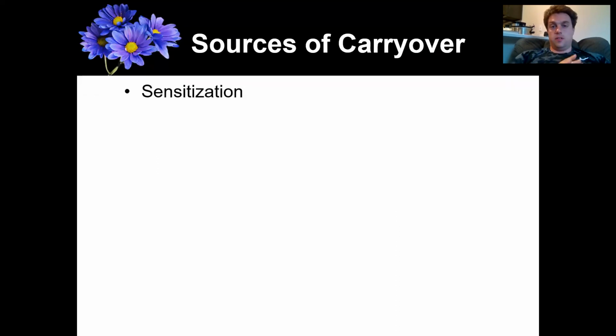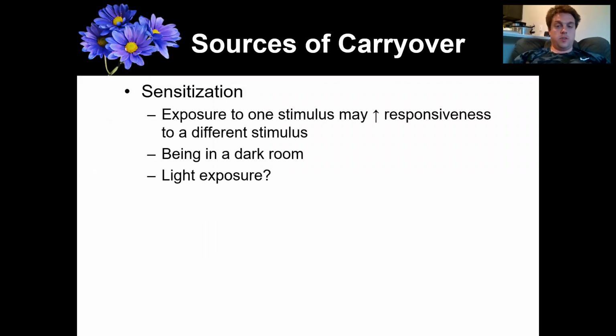And then the last source of carryover is sensitization. This is where exposure to one stimulus might make you more responsive to a different stimulus. This again has a lot to do with perception research.